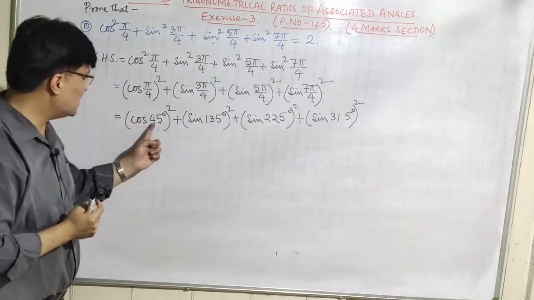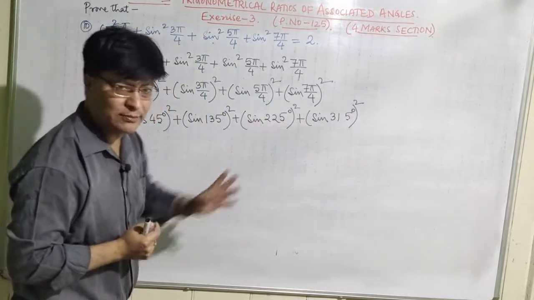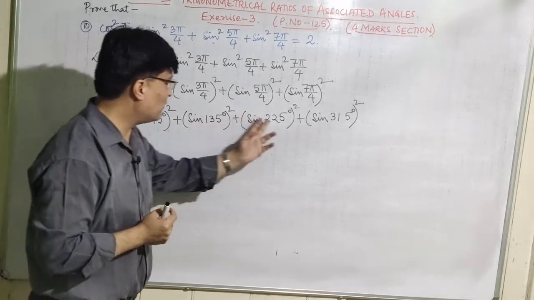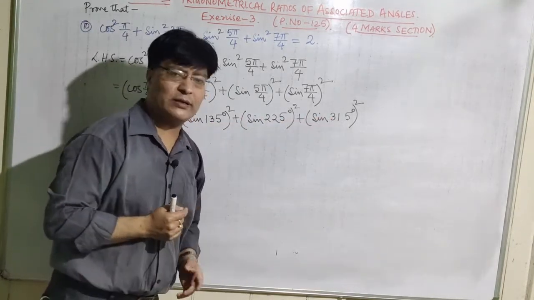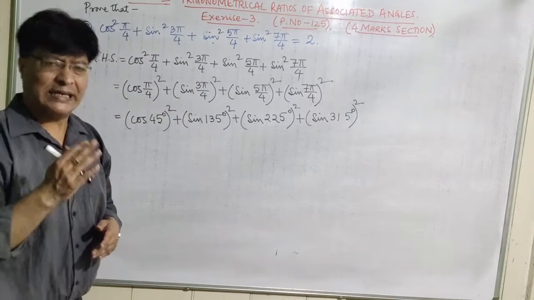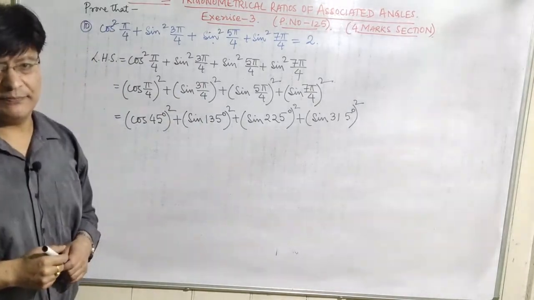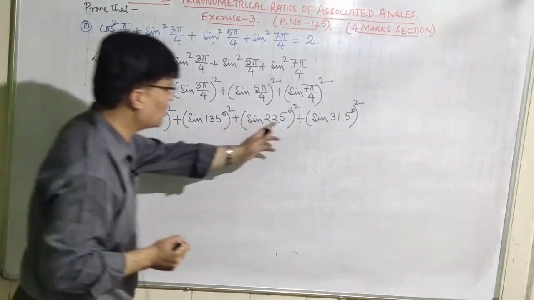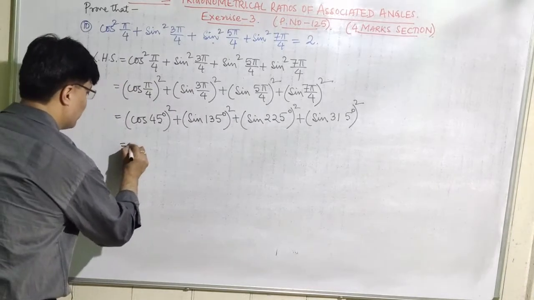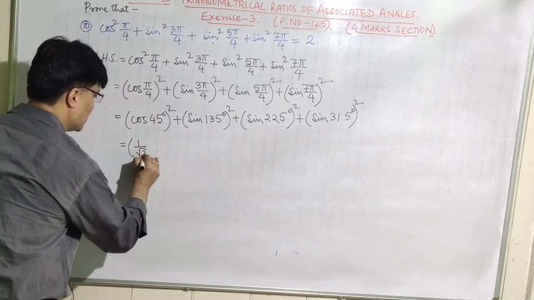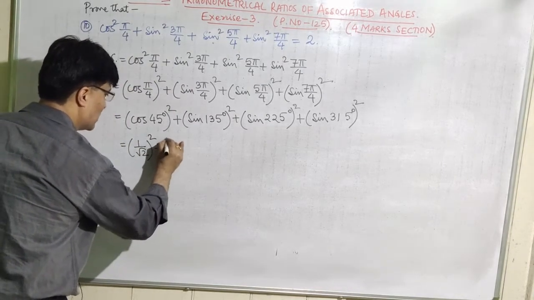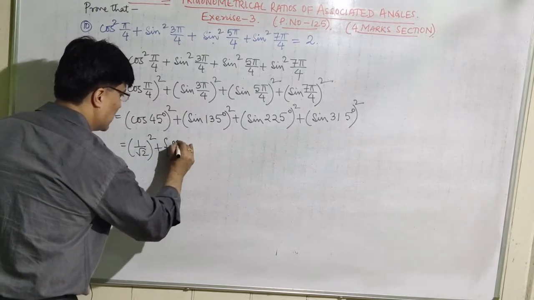So you know that these are all standard angles because this 135 degree, 225 degree and 315 degree can be written in terms of 45 degree. Okay, so how to write it in terms of 45 degree? You know cos 45 is 1 by root 2. This is your 1 by root 2 whole square plus now sine, how will you write it?